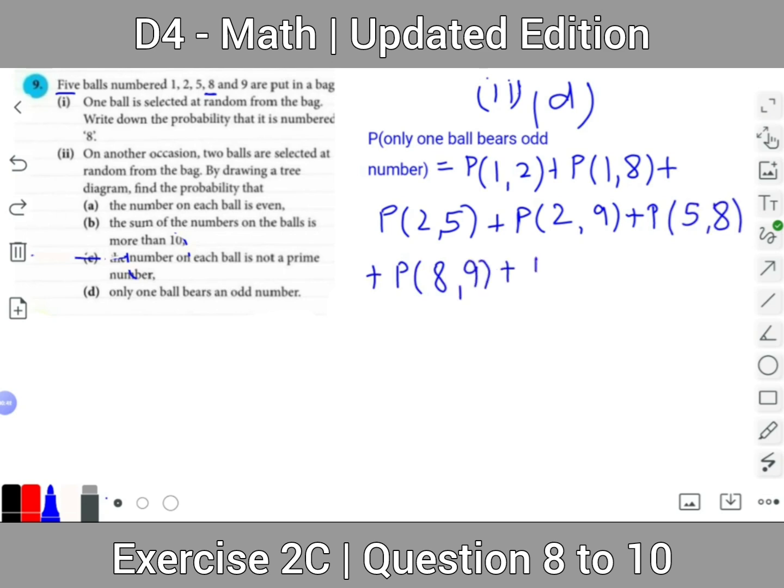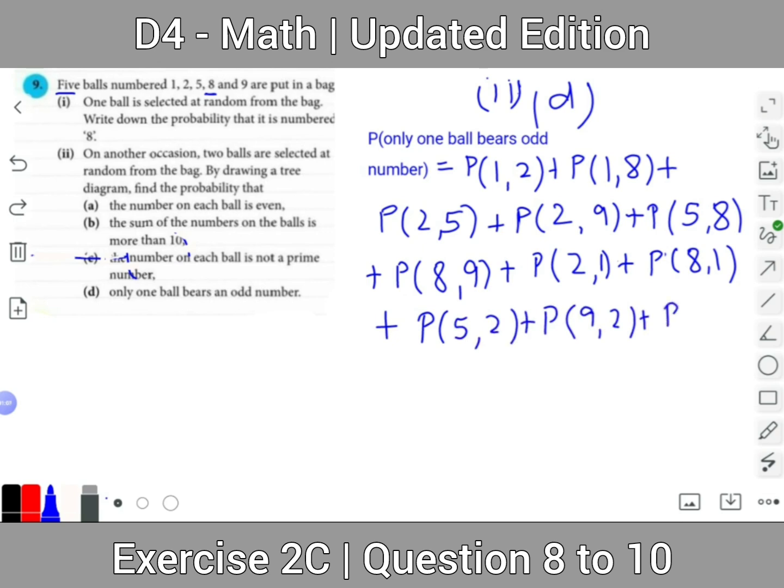Now we have plus probability of 2 1 plus probability of 8 1 plus probability of 5 2 plus probability of 9 2 plus probability of 8 5 and plus probability of 9 8.